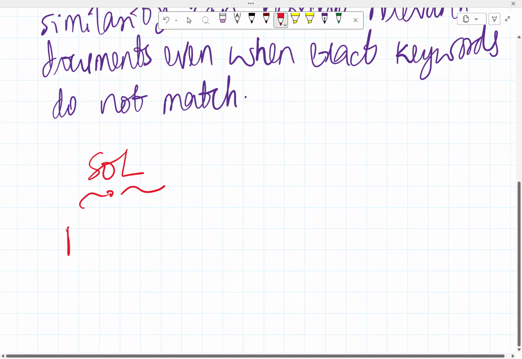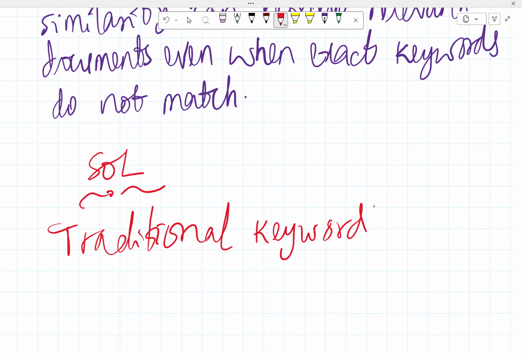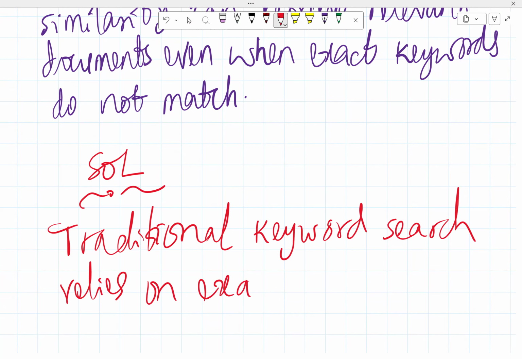So first of all, traditional keyword search, that was what was used before semantic search emerged. Traditional keyword search relies on exact word matching.